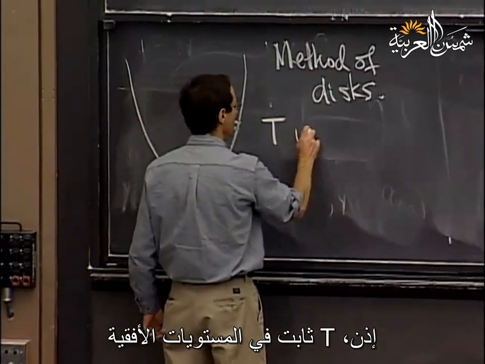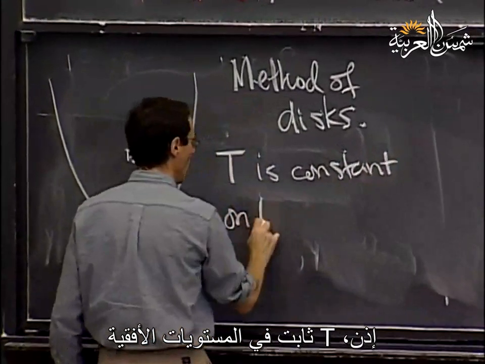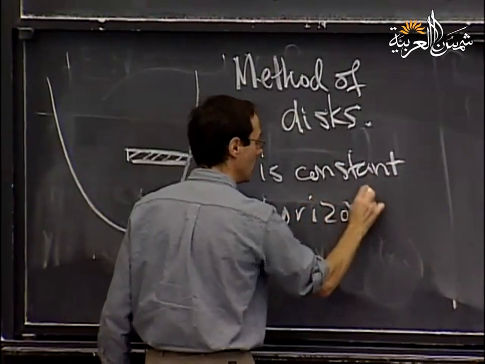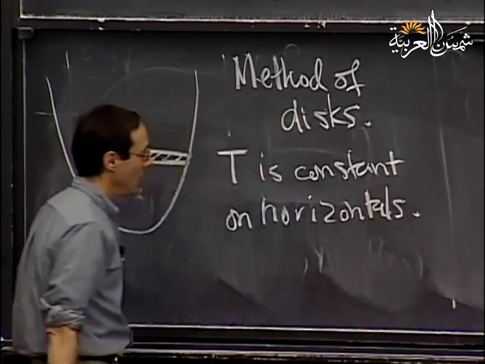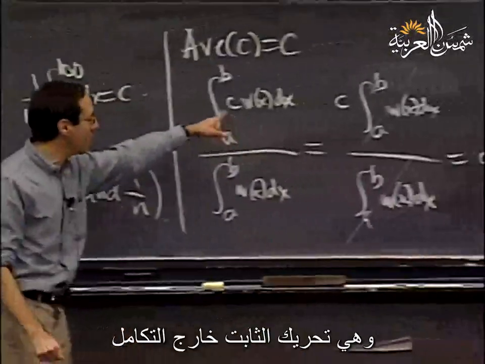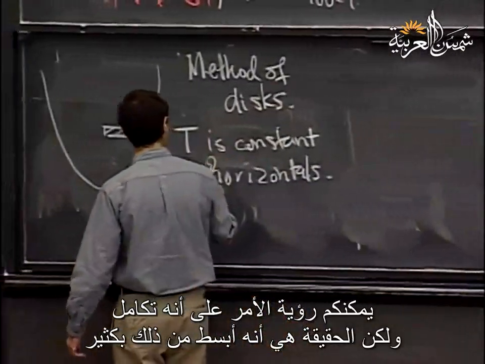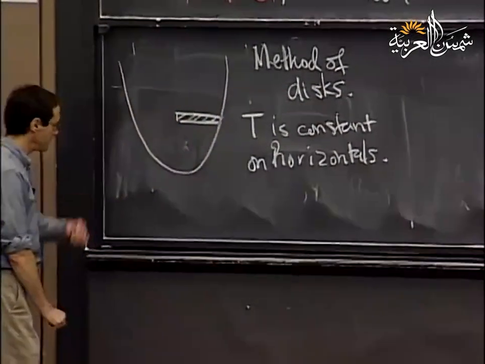So T is constant on horizontals. Actually, in disguise, this is that same trick that we can factor constants out of integrals. You could view it as an integral, but the point is that it's more elementary than that.